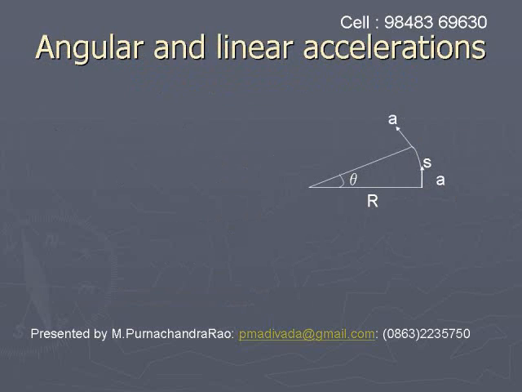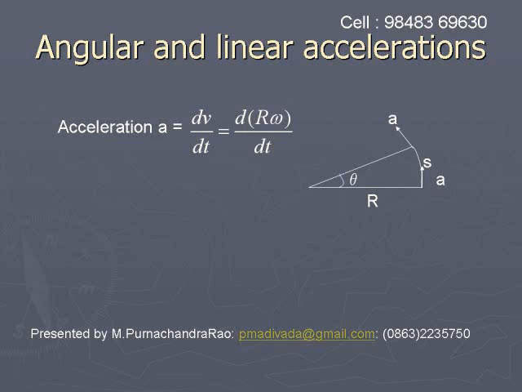Relation between linear acceleration and angular acceleration, or tangential acceleration and angular acceleration. We have the relation for acceleration a is equal to dv by dt, rate of change of velocity. It is equal to d by dt of r omega. Since r is constant, a is equal to r into d omega by dt.